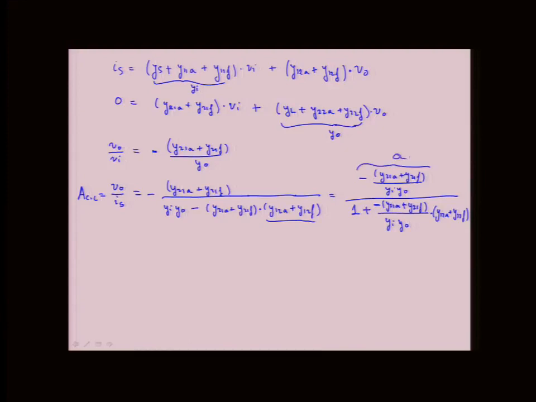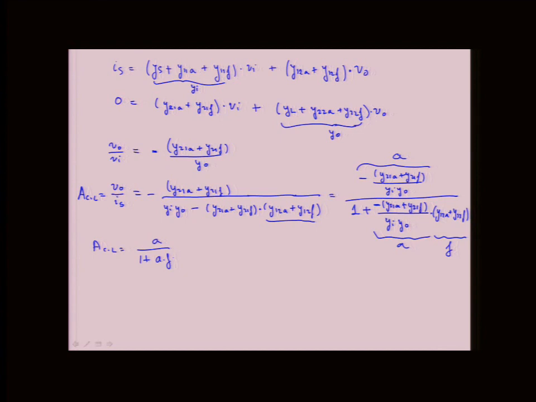This is A. This is A as well. And then this piece is F. So I have my A over 1 plus AF expression. So ACL is A over 1 plus A times F.